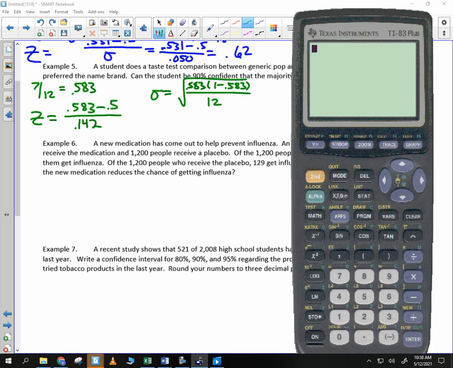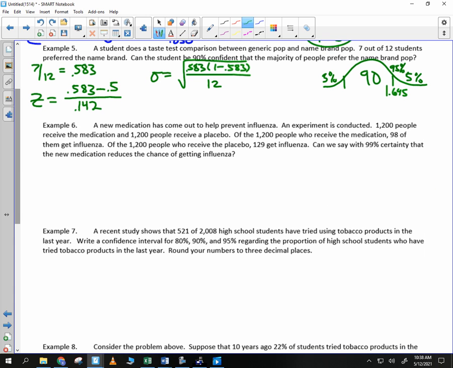Let's try it. 0.583 minus 0.5. Make sure you press enter after that, and then divide by the 0.142. And we get 0.584. Does that bring me to the right or to the left of the 1.645? So, no, we cannot be confident enough.